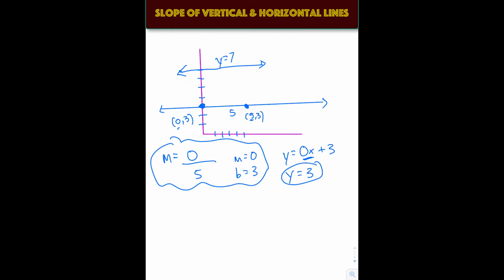You can just determine where the line crosses the y-axis, how far up or down the line is, and then your full equation of the line is just that point. So for example, if we had a straight line that crossed at -2, our full equation would just be y equals -2. So that's how it works if we have a line that is horizontal.